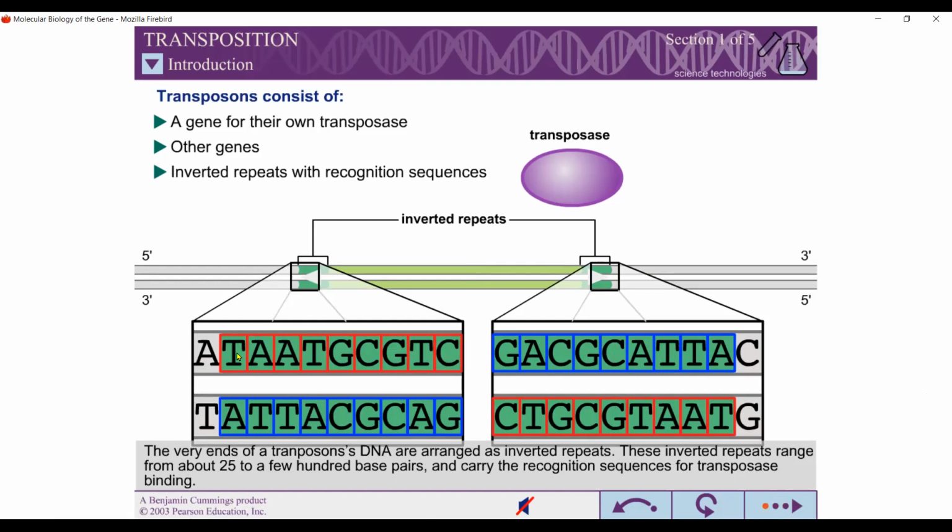If I read the sequence 5 prime, TAA TGC GTC, and the other strand 5 prime, TAA TGC GTC, these are inverted repeats. One of the basic criteria of all mobile DNA elements that can jump is that they are bounded by these inverted repeats. When they insert themselves into the target site, direct repeats are generated.